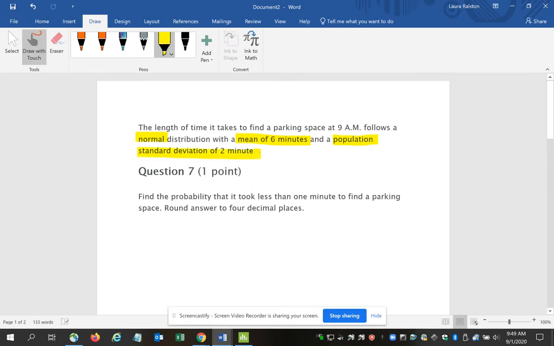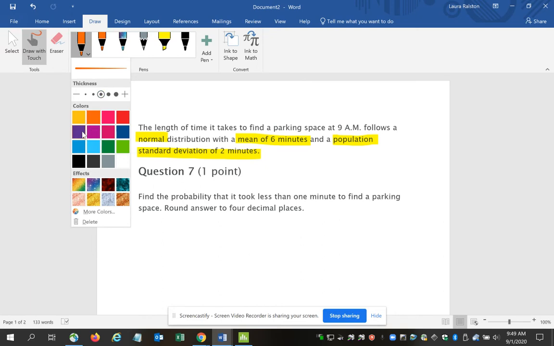In order to work these problems, first you have to identify that you're going to use the normal distribution. That's easy to do because they should tell you that the distribution follows a normal distribution or is approximately normal. Beyond that, you need the mean, which symbol-wise is the letter mu.